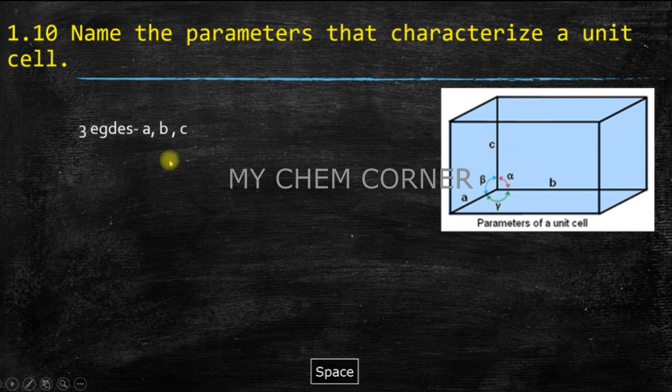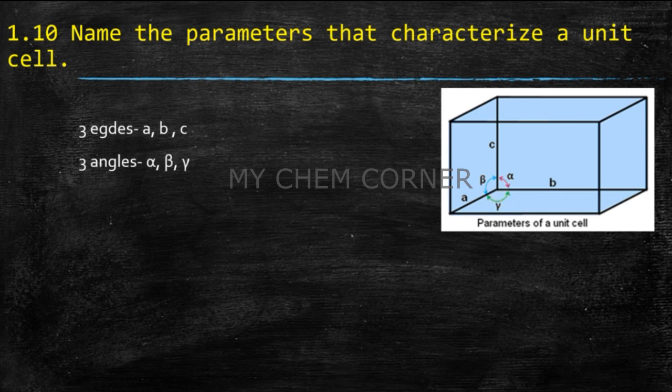So that way we will have 3 edges A, B and C. Now each of these will have a different bond angle depending on how long the edges are. So between B and C, you will have a bond angle which is alpha. Between A and C, you will have a bond angle which is beta. And between A and B, you will also have a bond angle which is gamma. So that way you will have 3 different angles, alpha, beta and gamma.